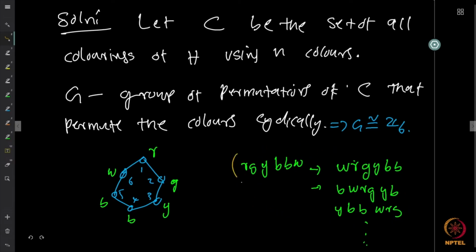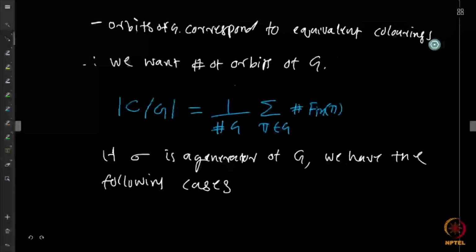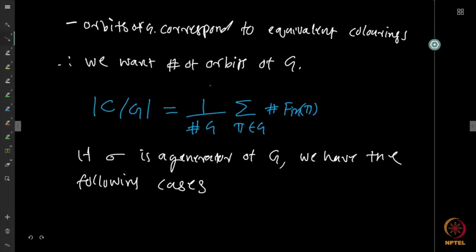So we want to find how many such orbits there are, so that we get the number of inequivalent colorings. Now, the cardinality of the set of orbits of the action of G on C, which is the cardinality of C mod G, by Burnside's lemma is 1 over the order of G, summation over all the permutations pi in G, cardinality of Fix of pi.